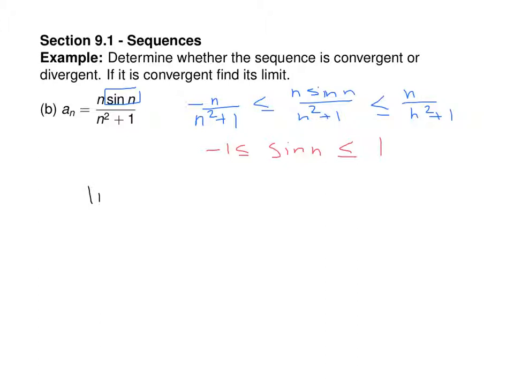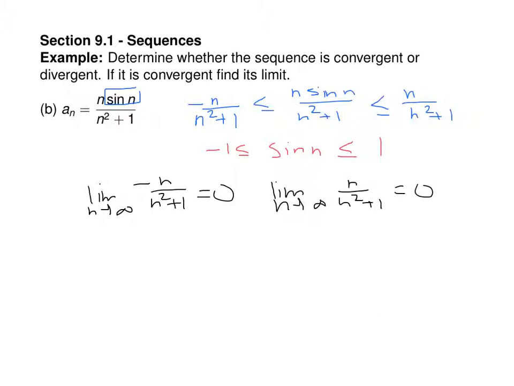And notice that the limit as n goes to infinity of -n over n squared plus 1 is equal to 0. And the limit as n goes to infinity of positive n over n squared plus 1 is also equal to 0.